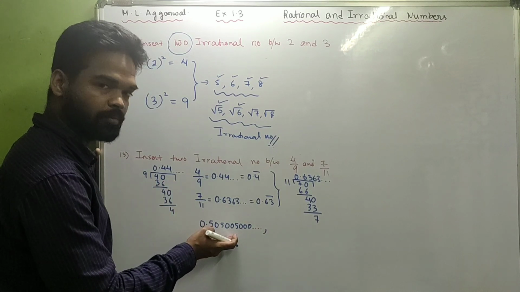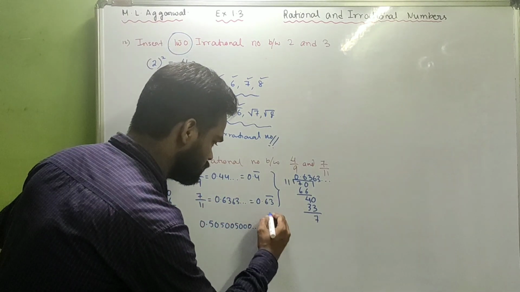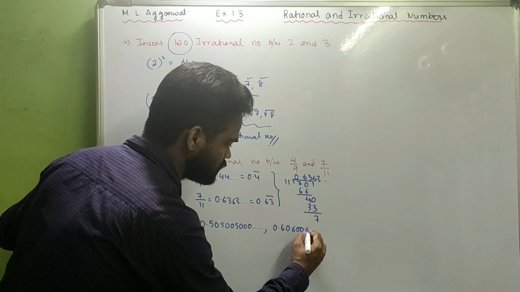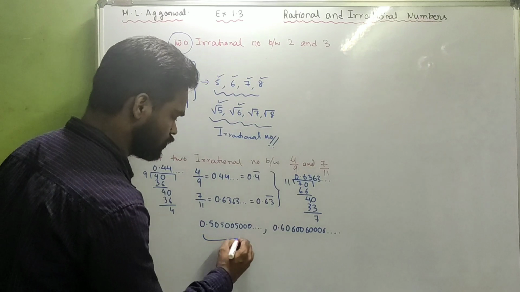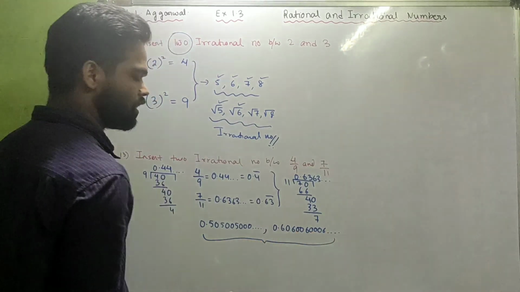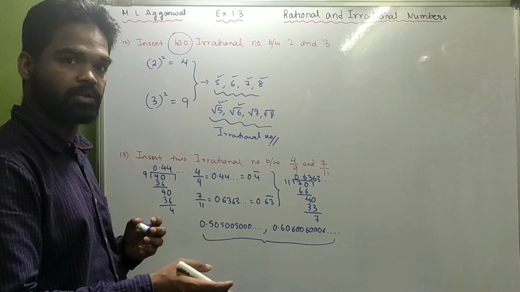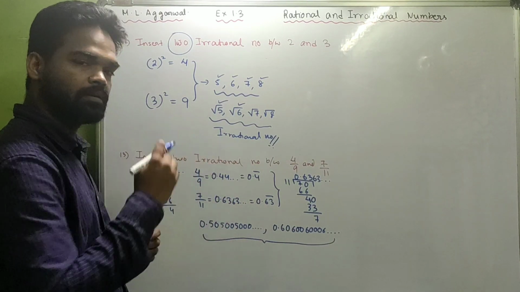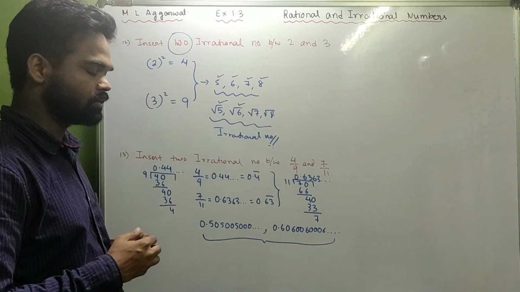Because it's non-terminating and non-repeating. Similarly, I can write 0.606006 dot dot dot. So these two are non-terminating, non-recurring decimals, and they will be irrational. Clear? Now let us look at the next sum.